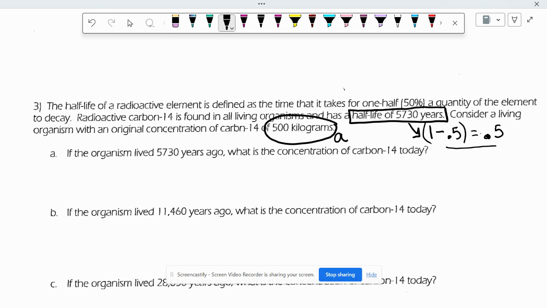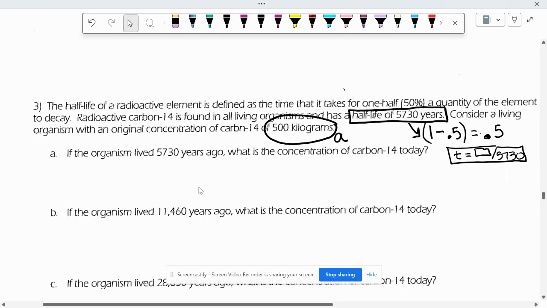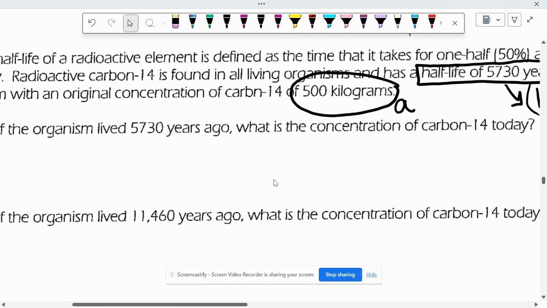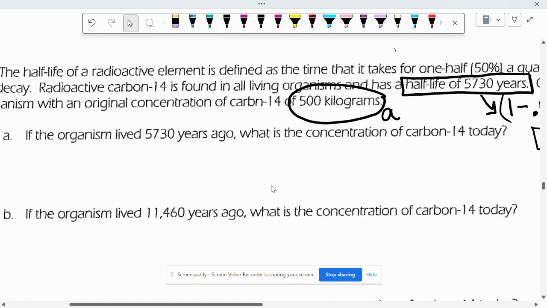But every cycle, what we're using for time is some number divided by 5,730, because it takes that long for it to decay by half. So think of 5,730 years as one cycle, one time unit.